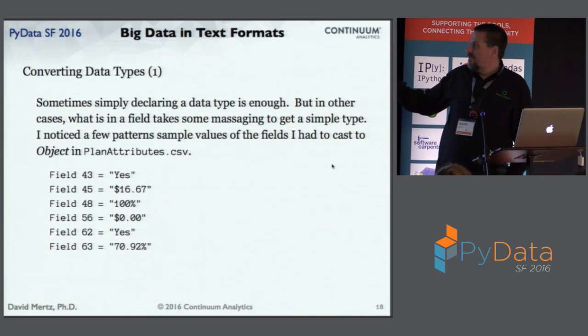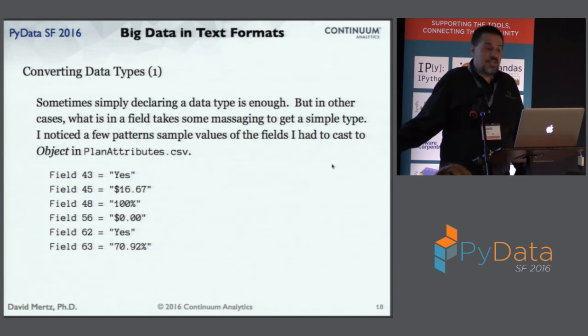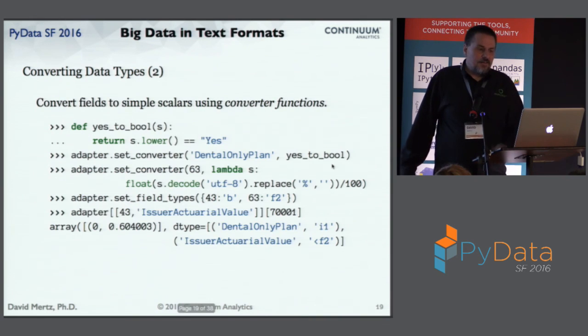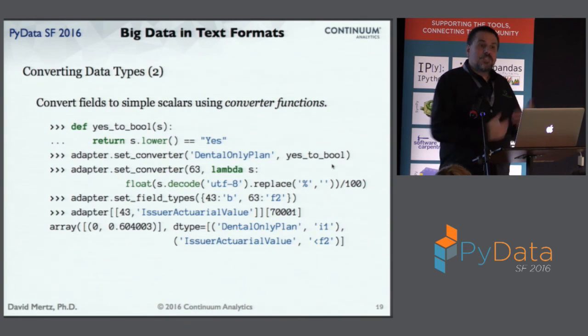So if I look at the way that the data looks as strings, I can probably massage it into my in-memory representation into something that's a bit better. And the way I do that is by creating one of these converter functions, or a couple of these converter functions in this case.